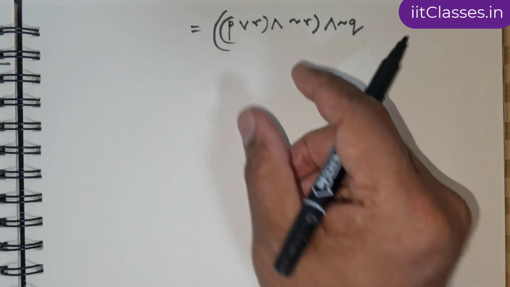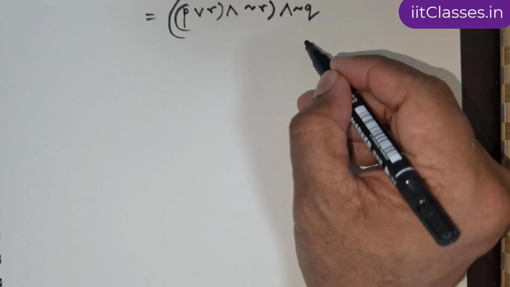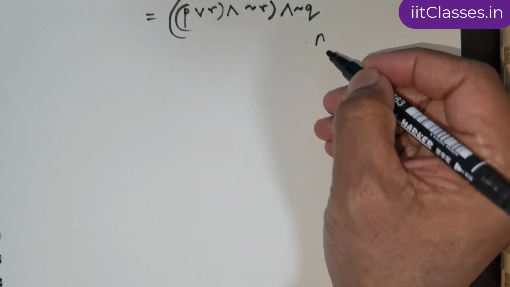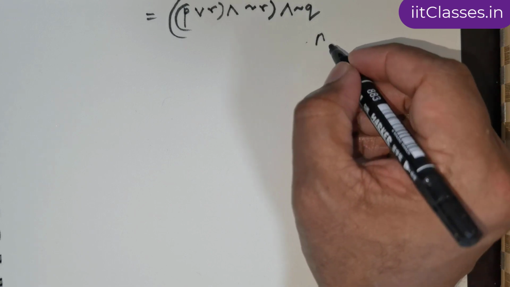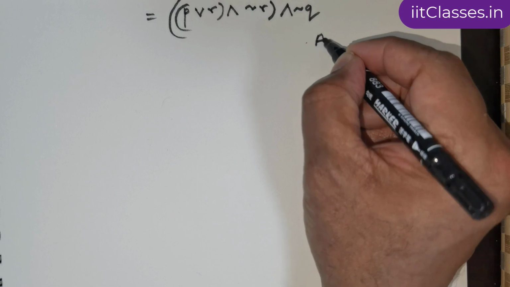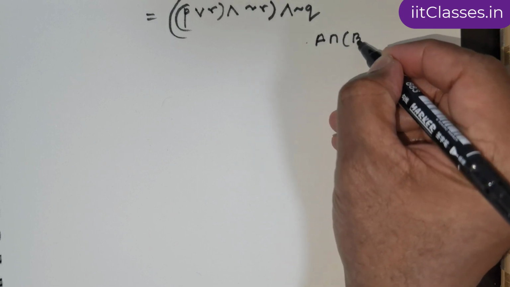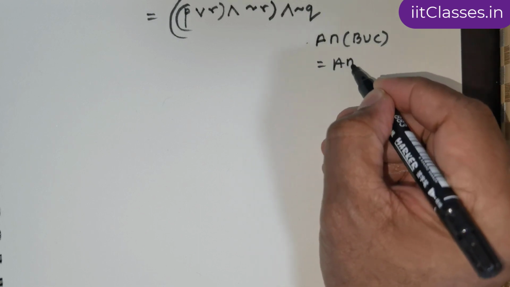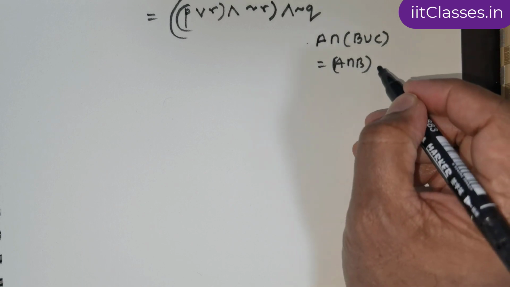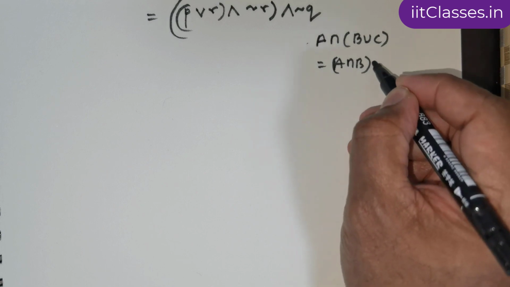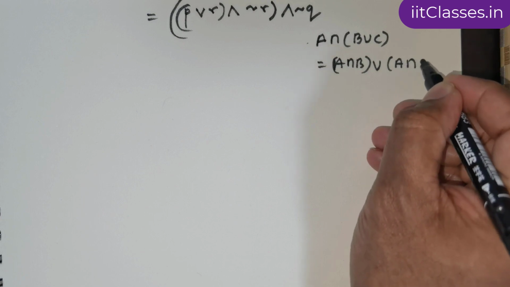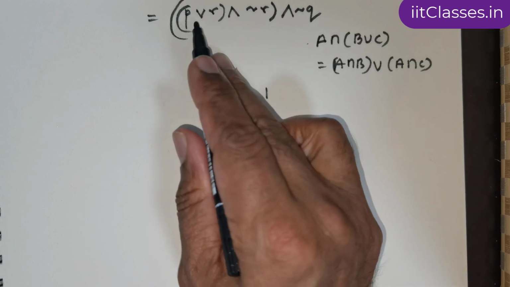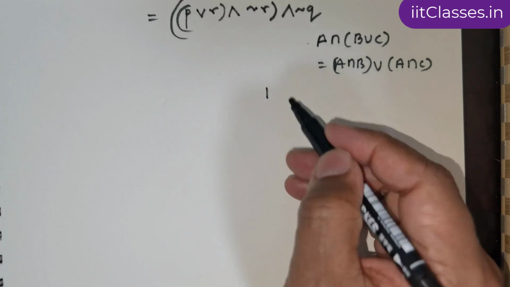Now let me consider this alone for your understanding. So I can very well write this, because if I were to have a property, distributive property like this, say A intersecting of B union C, I can rewrite this as A intersecting B, right, with the union of A intersecting C. So this is exactly what I'm going to do. So we got, I'm going to rewrite this in this following fashion.